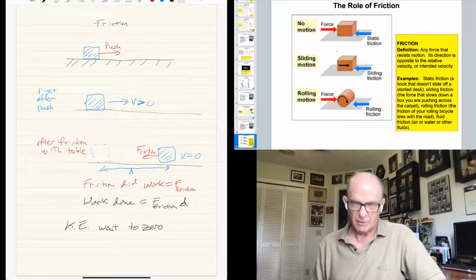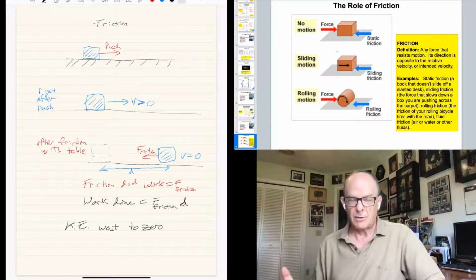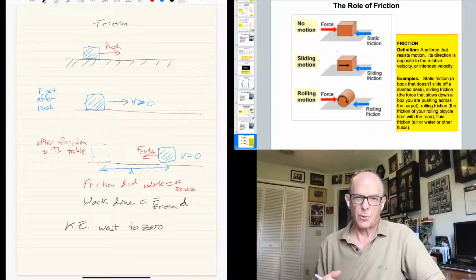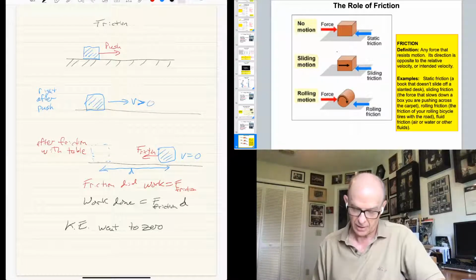The decrease in the kinetic energy must have been compensated for by an increase in another kind of energy, and the energy was converted to thermal energy.